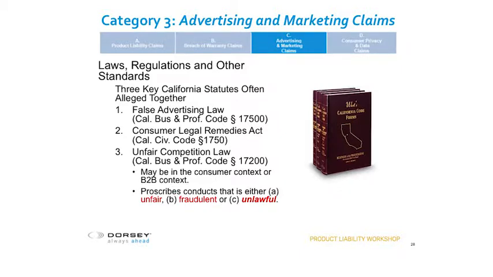And what this does is this last predicate, which is unlawful, essentially creates a scenario in which any violation of any regulation can be the basis for a claim for injunctive relief under the statute. So it doesn't matter if the statute is a federal statute or a state statute or some obscure regulation.